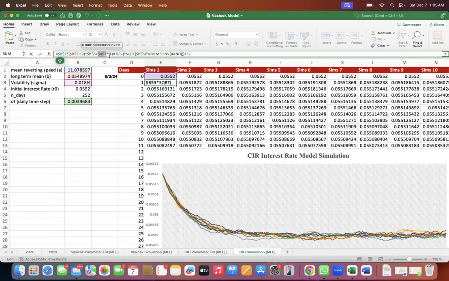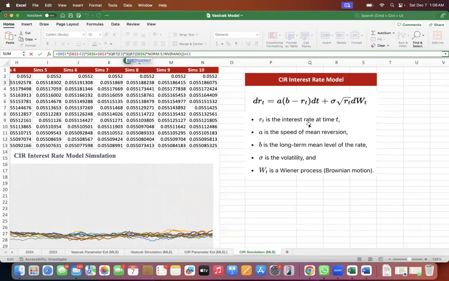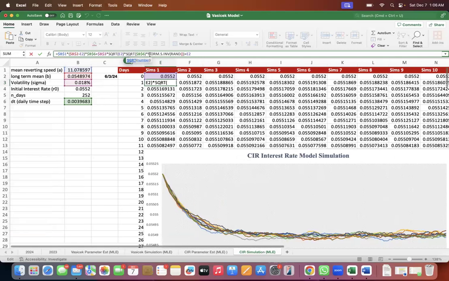Plus, sigma times square root of Rt, where Rt is again the previous day interest rate, times dWt. What is dWt? dWt is the Brownian motion. And how do we model the Brownian motion?